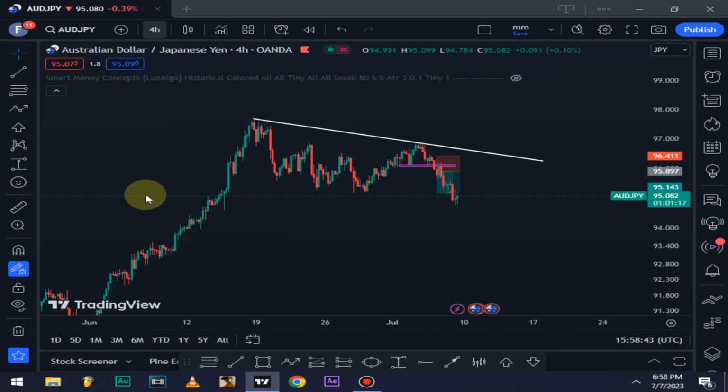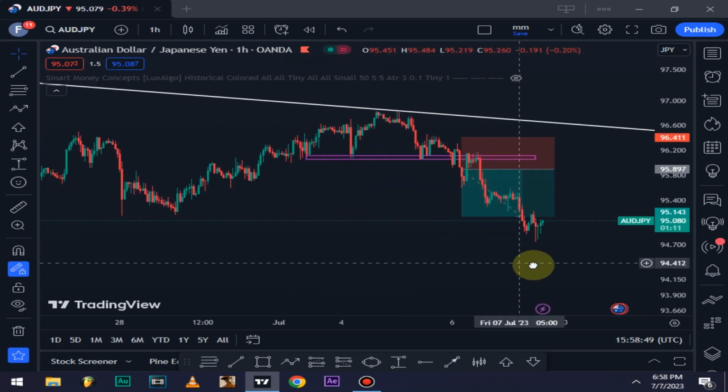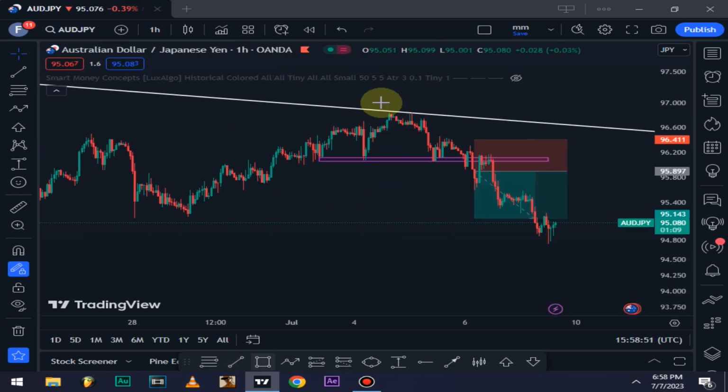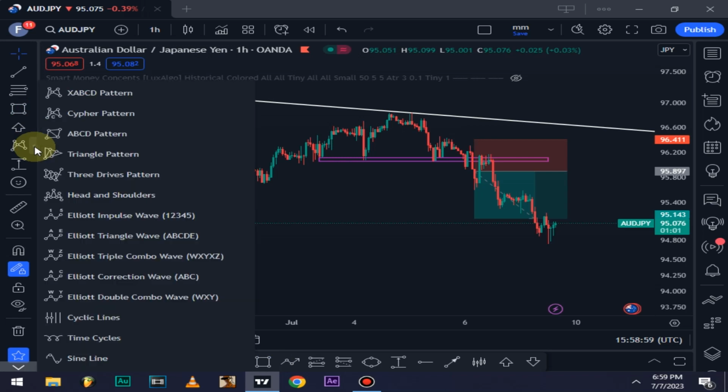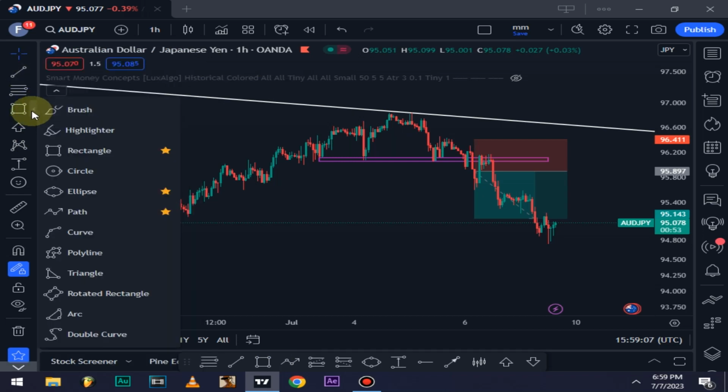So then I went back to the 1 hour and saw what was happening. At the hourly time frame, price was still in an uptrend, of course. How do I see that? Before this major movement, this joint, let me just show you what I'm talking about. Let me use the drawing tool, a brush.